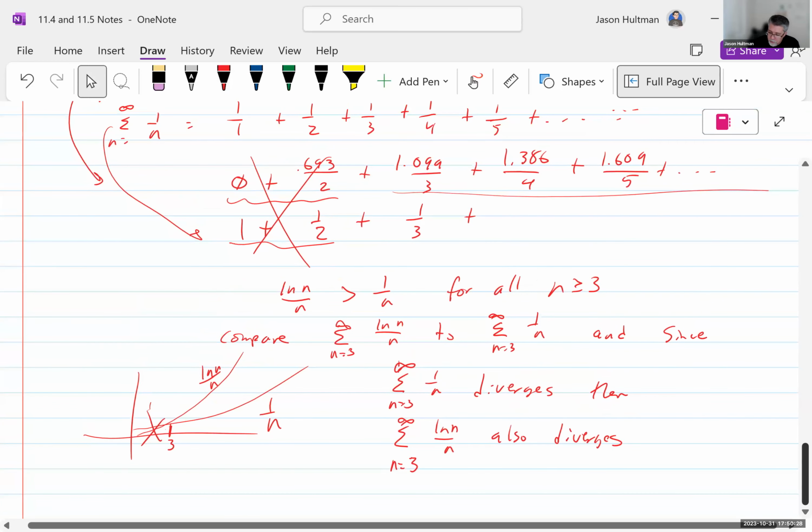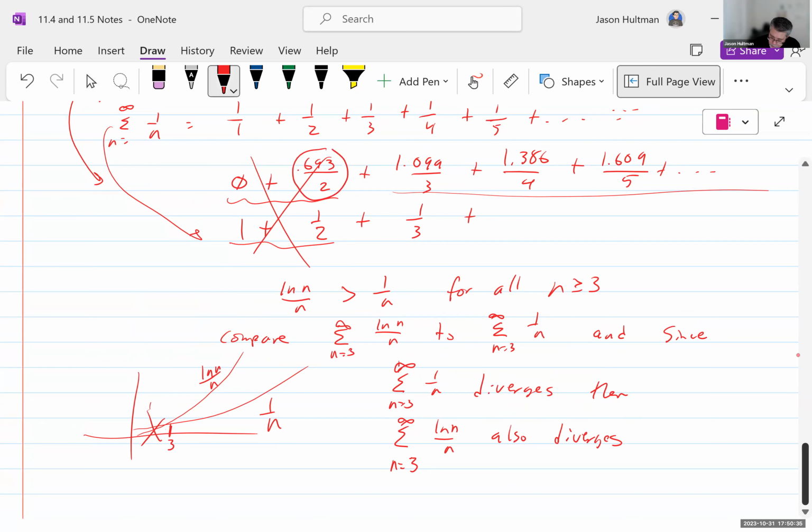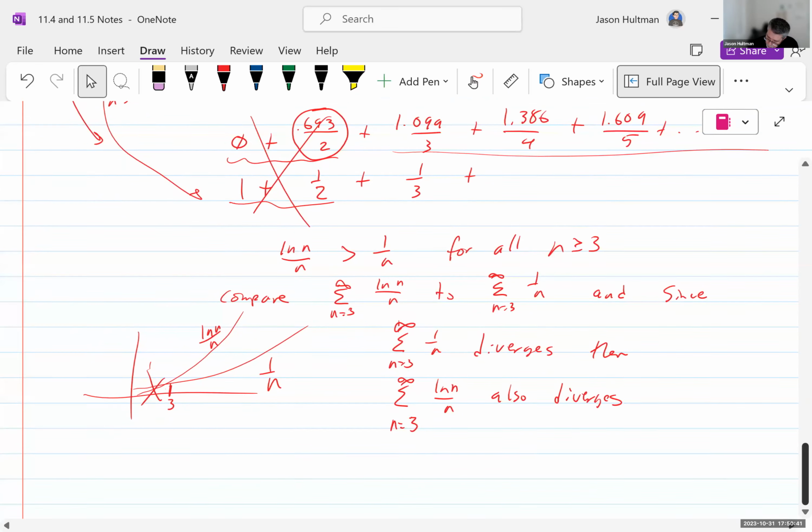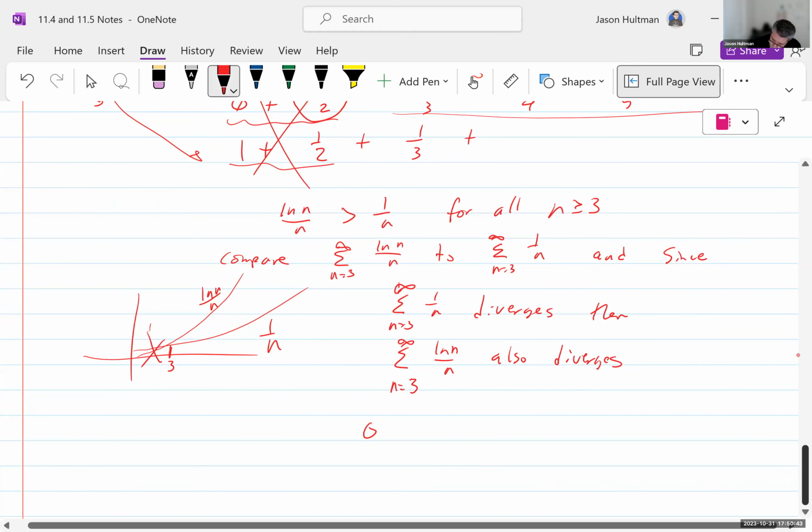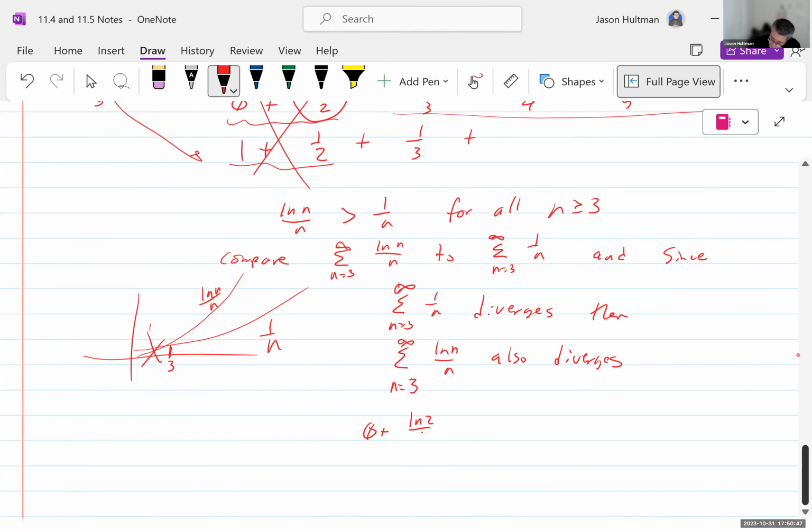And if something diverges, does it really matter if I add this back onto it? If I add 0.693 over 2, or 0 plus natural log 2 over 2, plus a divergent series.